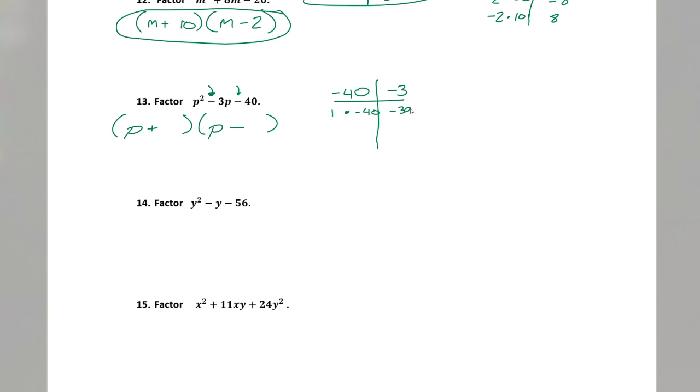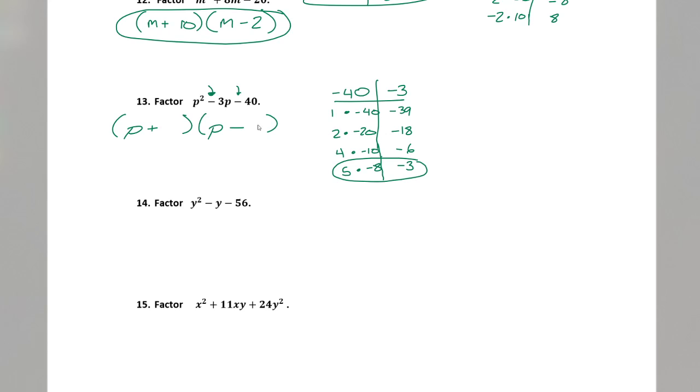That would be -39. 2 times -20 is -18. 4 times -10 is -6. 5 times -8 is -3. So here are our factors.